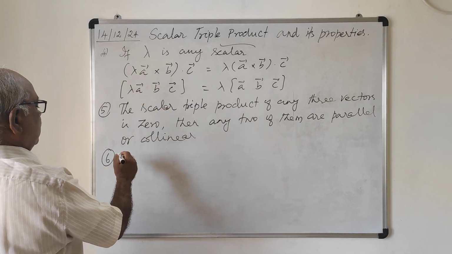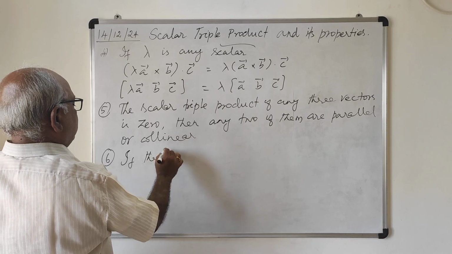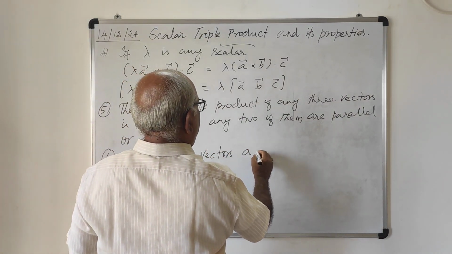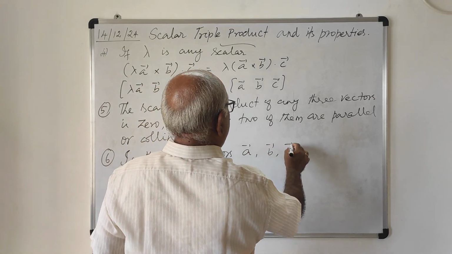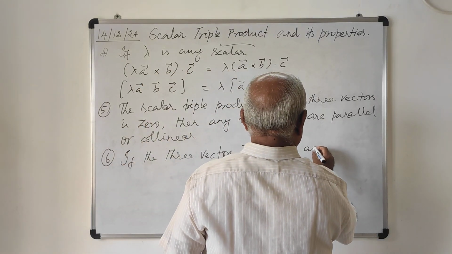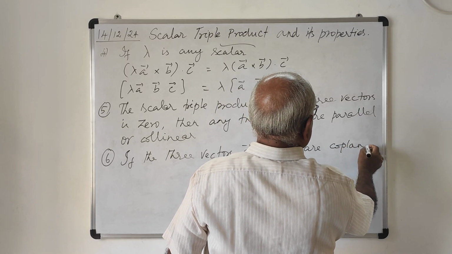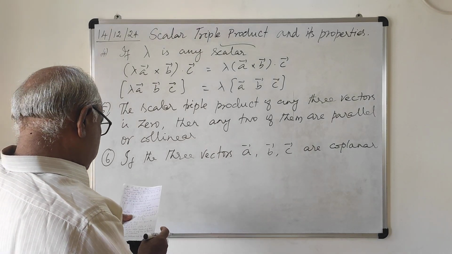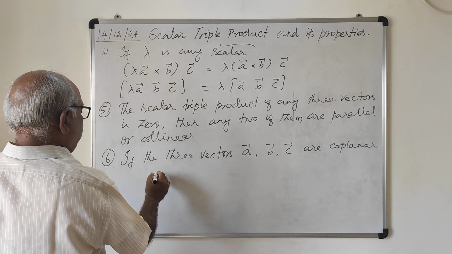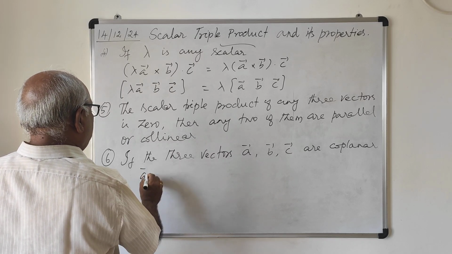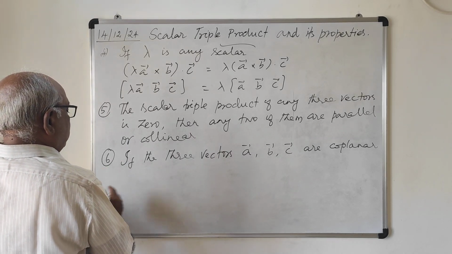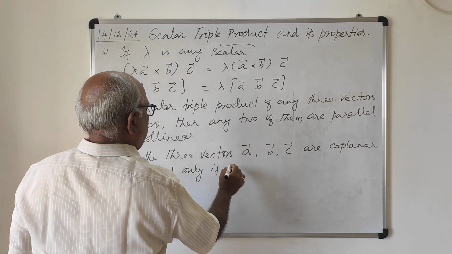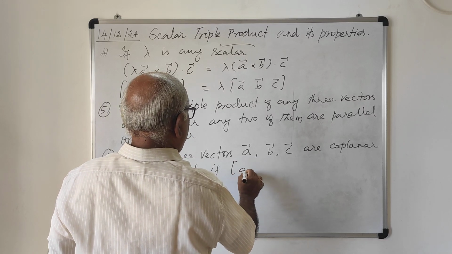Sixth one. The three vectors A, B, C are coplanar if and only if the box product A, B, C is 0.